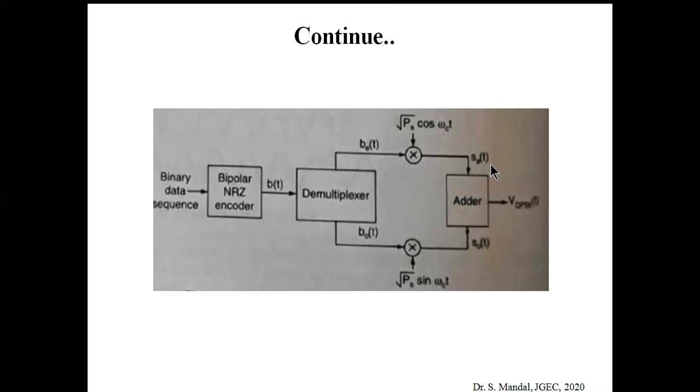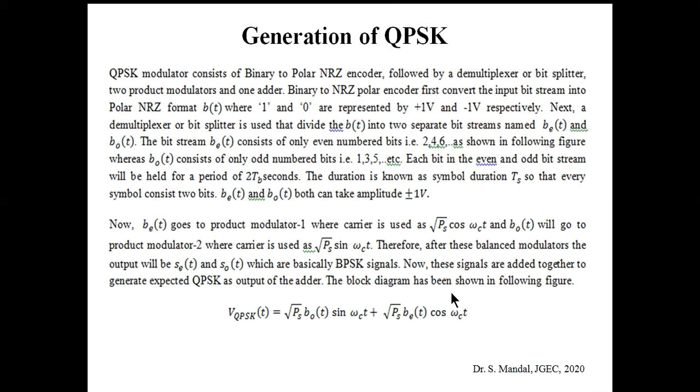The outputs of the multipliers are SOT and SET respectively. Obviously SOT and SET are both nothing but BPSK signals, but with defined phase. If we add them using an adder, the output of the adder will be the QPSK signal. So QPSK can be expressed by this equation: root Ps into BOT into sin omega ct plus root Ps into BET cos omega ct.